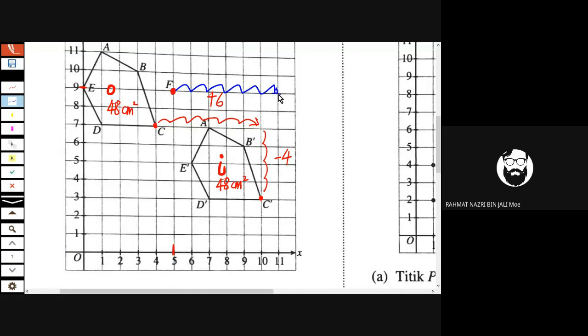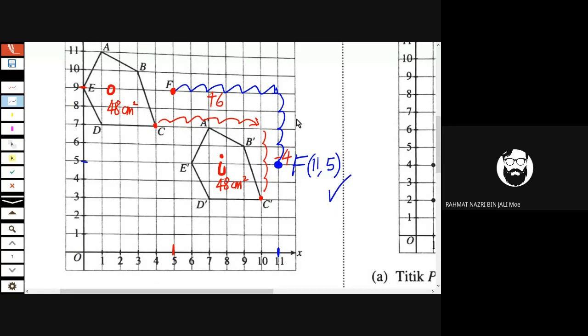Kemudian dia turun ke bawah sebanyak 4, 1, 2, 3, 4. Jadi the point F akan berada di sini. Dan koordinat dia kita refer to here, above 11 and to the right of 5. So, sama juga jawapannya. 11, 5.